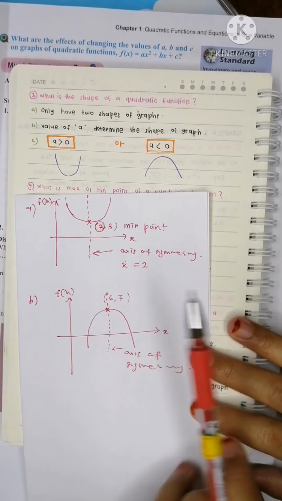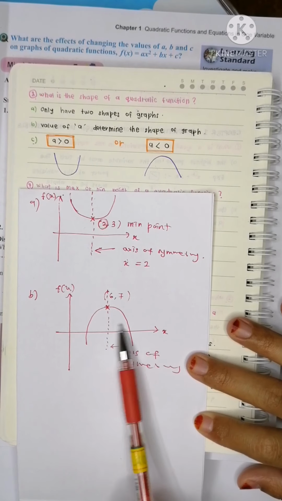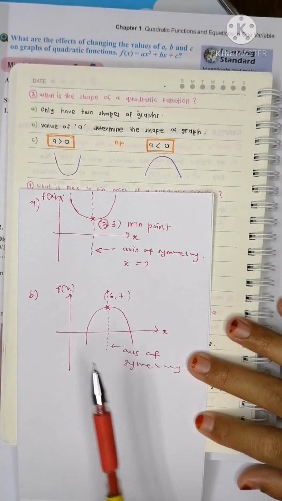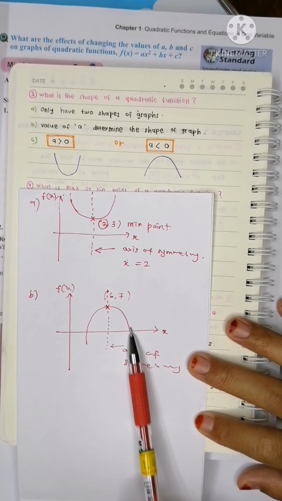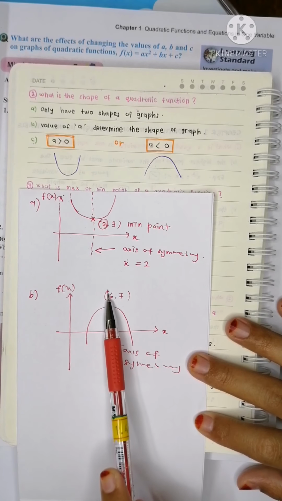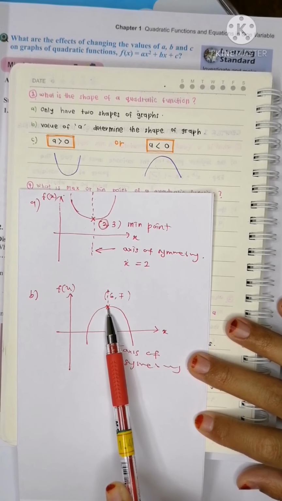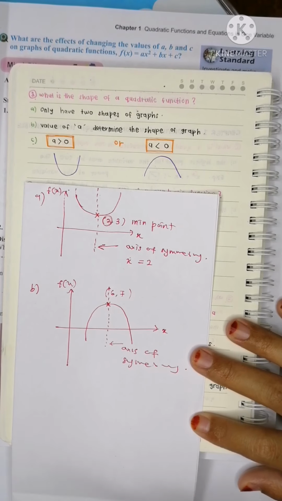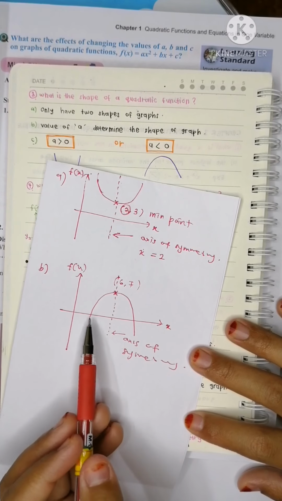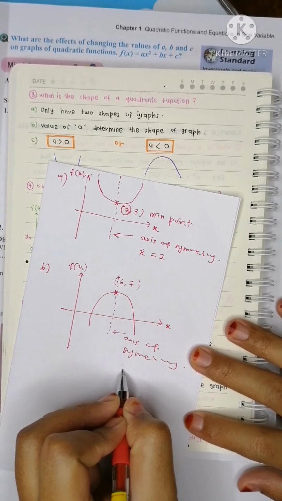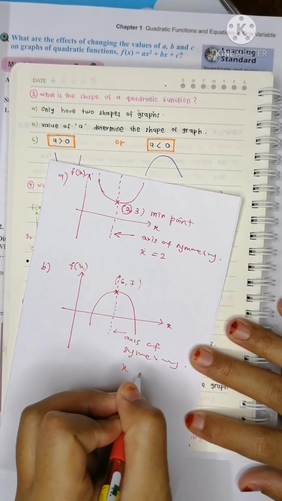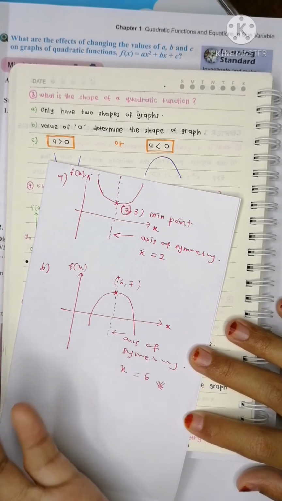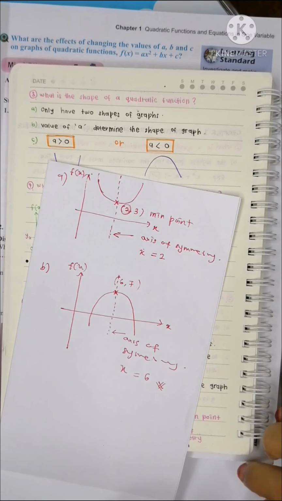Now for b, this is the graph a less than 0, so the graph will be masam. For a masam graph like this, the axis of symmetry will cut the maximum point here. This dotted line we call the axis of symmetry. For the axis of symmetry here, the equation is x equals 6. This is the equation of the axis of symmetry. That's it.